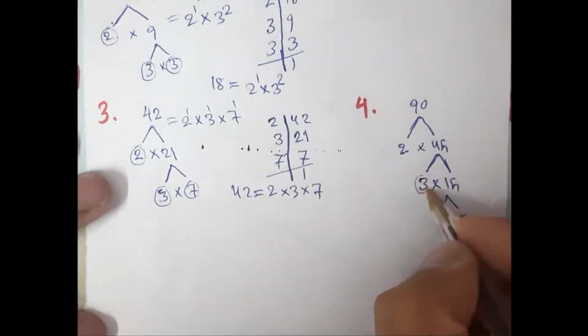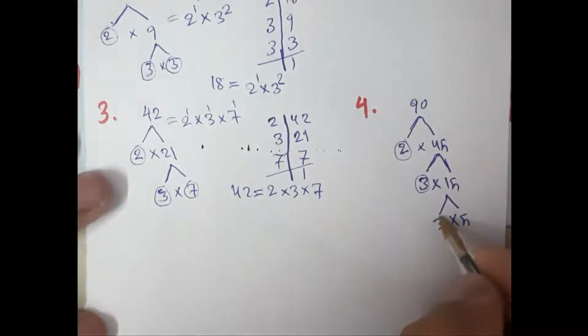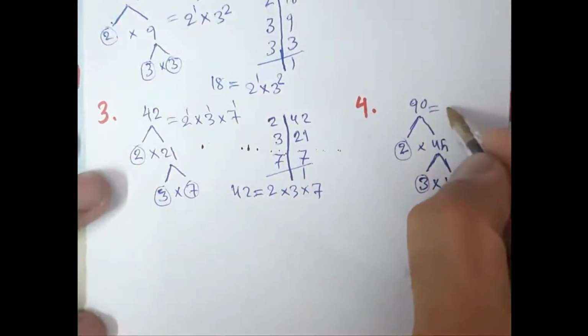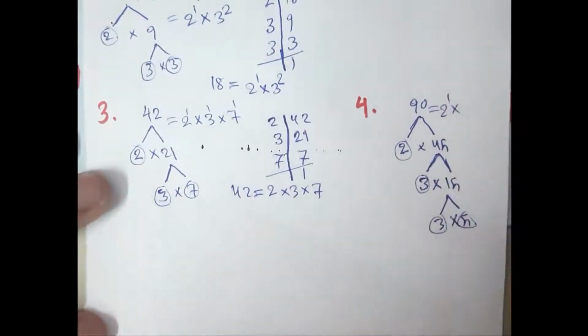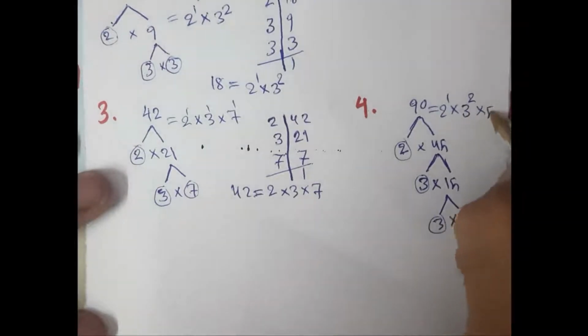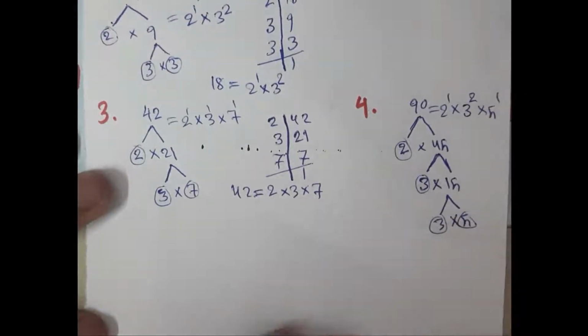Here these are prime numbers. So 90 is equal to 2 to the power 1 times 3 to the power 2 times 5 to the power 1.